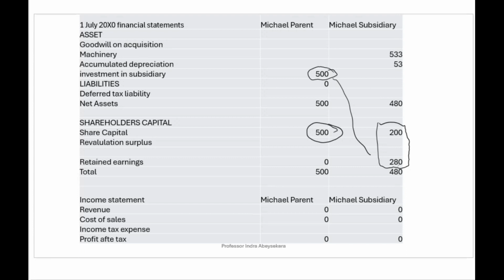The net assets are represented by the machinery, and it's 480, and the shareholders' equity is 480. It's at the beginning of the year, so there's no activity in the income statement.